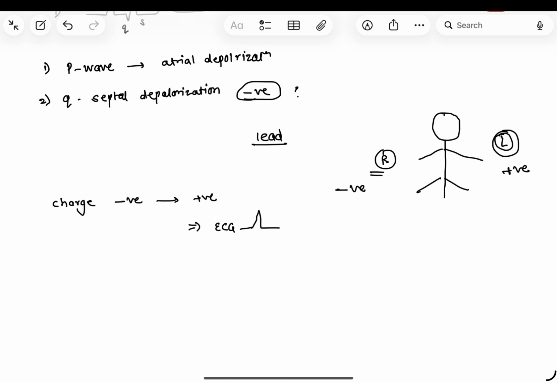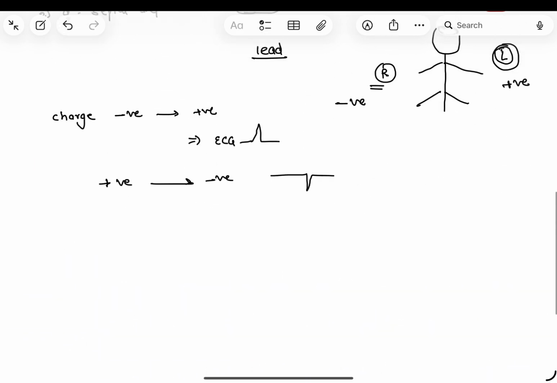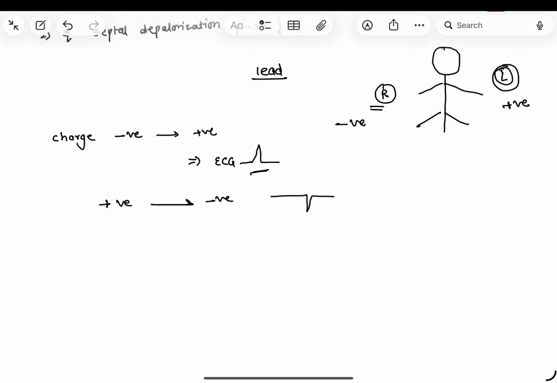And whenever there is a charge from positive to negative, it will show negative deflection. So any charge flowing from negative to positive gives an upright ECG, and any charge flowing from positive to negative will be downward, right? I hope I am clear up to this.